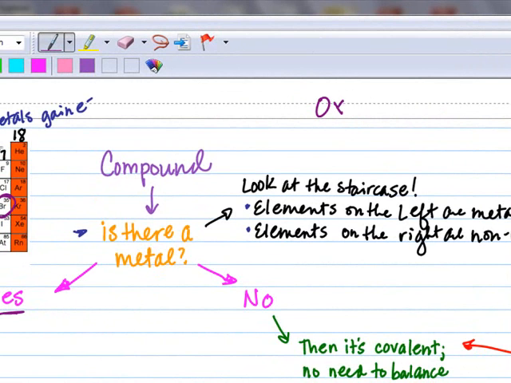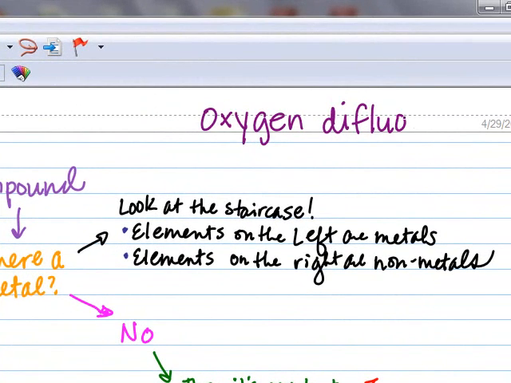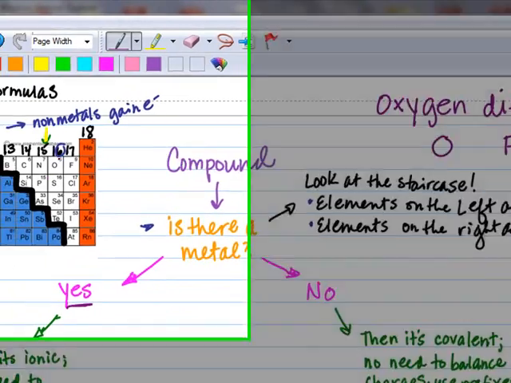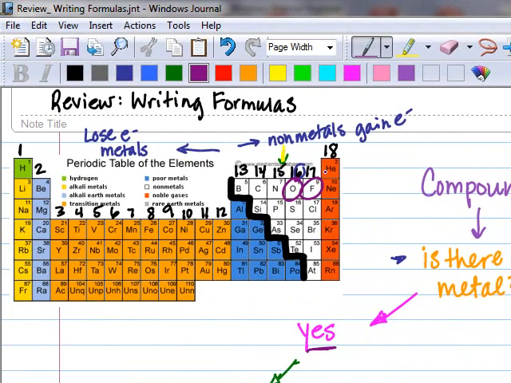Let's try oxygen difluoride. So I know we have an O, and I know that we have an F. Are either oxygen or fluorine a metal? No. Both of them are on the right-hand side of the staircase, so they're both nonmetals.